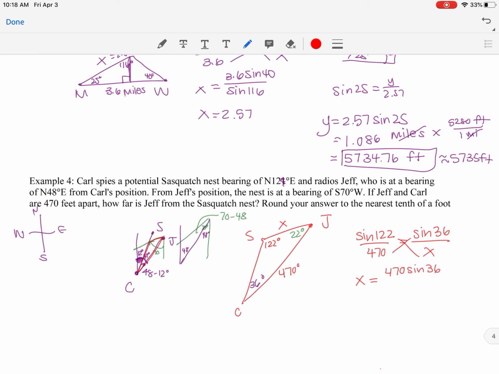So do some cross multiplying. x equals 470 sine of 36 all over sine of 122. You go ahead and take a moment to type that in your calculator, and what you get out is x is equal to 325.759, but they ask you to round to the nearest tenth, so that's one decimal, so 325.8.